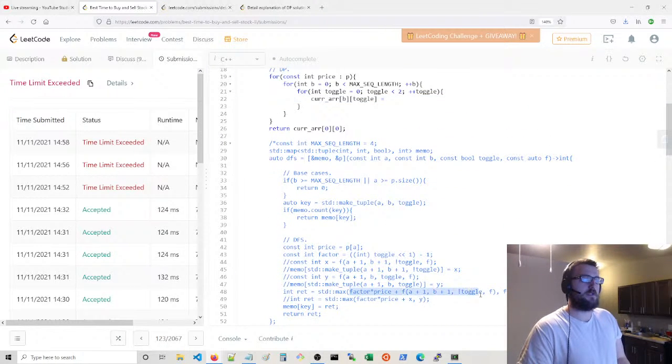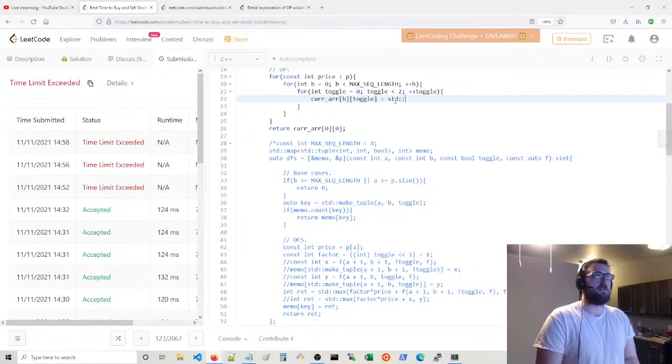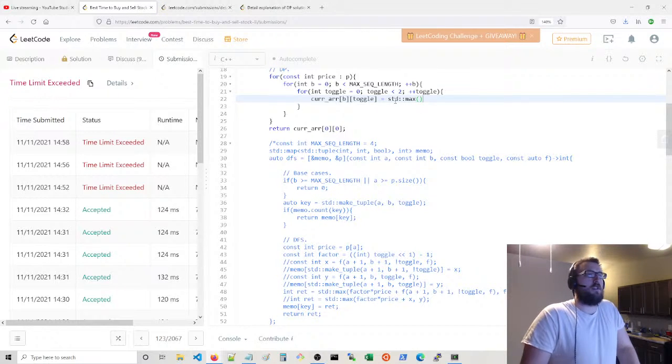So this is going to be the maximum of these two, right? So we could write that directly. Now, is it toggle or not toggle that gets written there? That's the question.